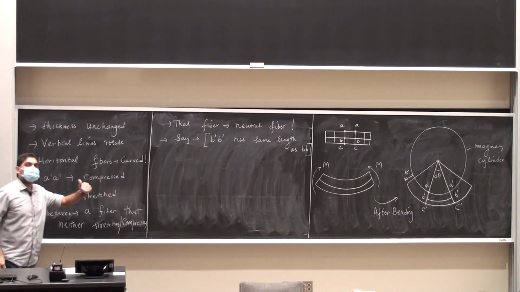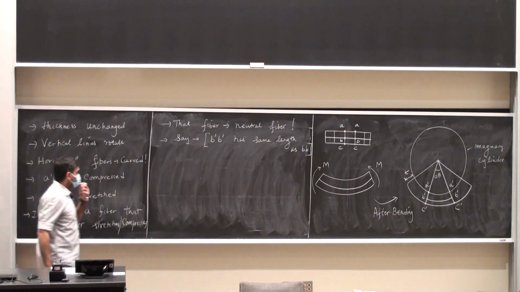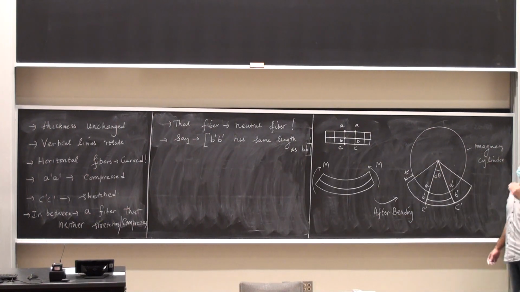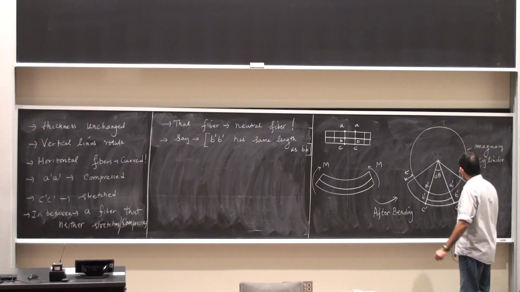Okay, so that is our neutral fiber. This is just for simplicity. I know that somewhere in between the top and the bottom there is going to be a neutral fiber. Okay, so this is my neutral fiber.